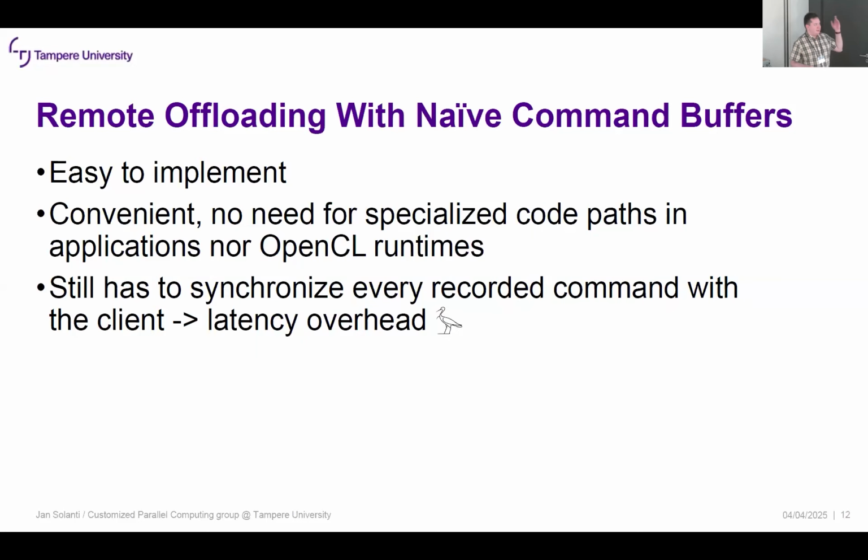So yeah, that was easy to implement and very convenient. But for offloading over the network, we still get the latency overhead for each individual command. So we're still sad. I looked for the sad emoji, but it gave me the sad build store at first, so I put that instead.